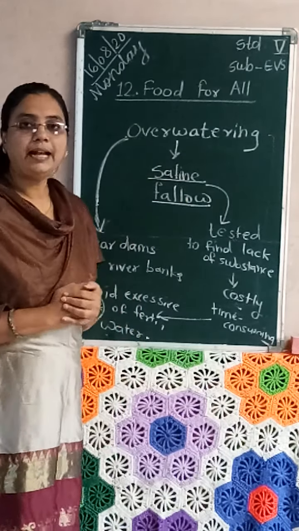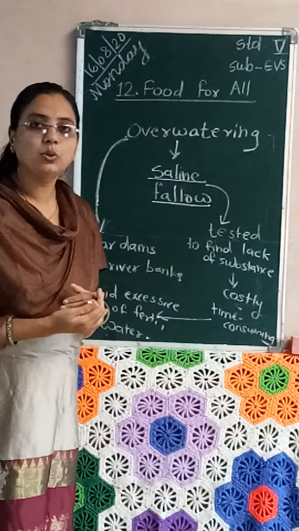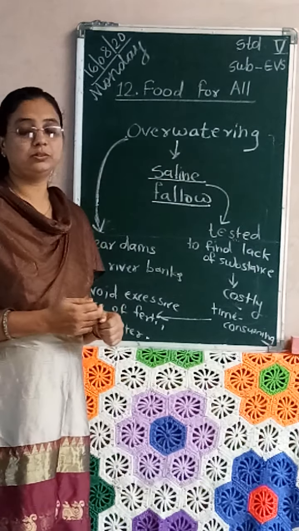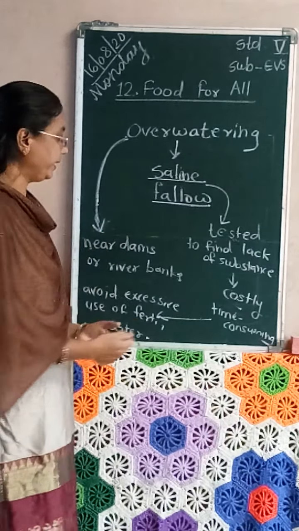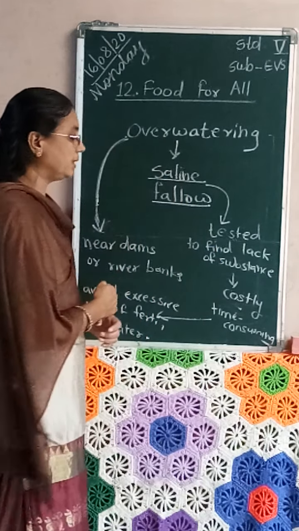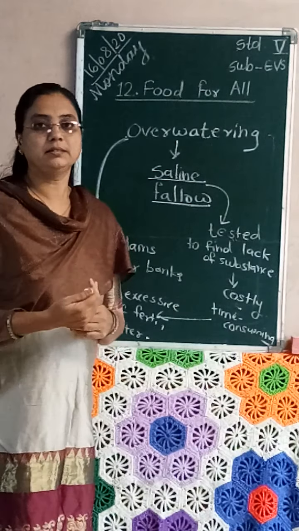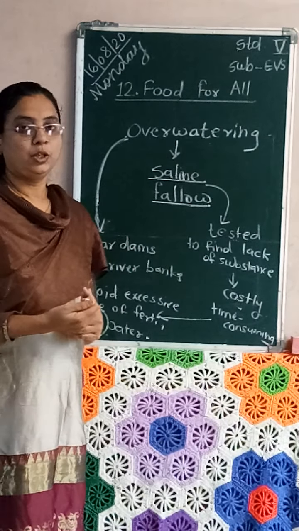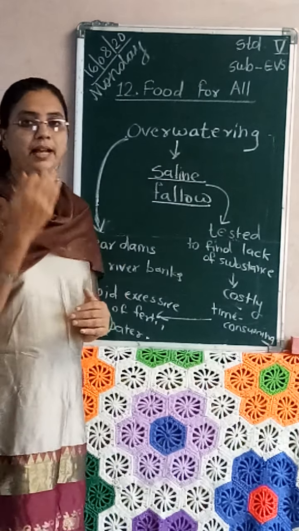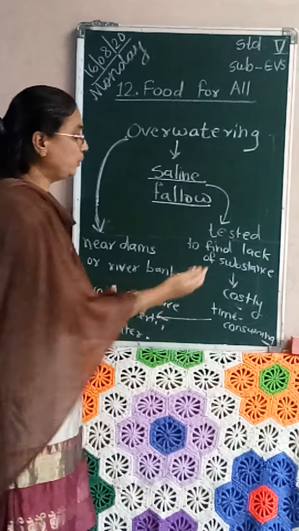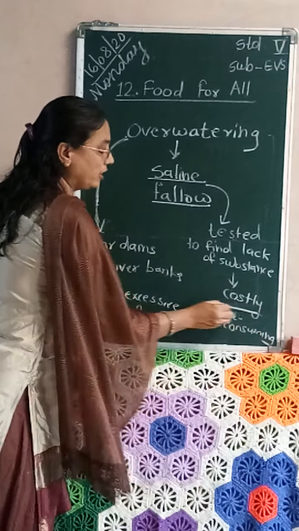If the land becomes saline or fallow, then the farmer has to go to the laboratory to test the soil. With the help of that test, the farmer will come to know which substance is lacking in the soil. To make that farm fertile again, the farmer has to put some substances into the soil, which is very costly.